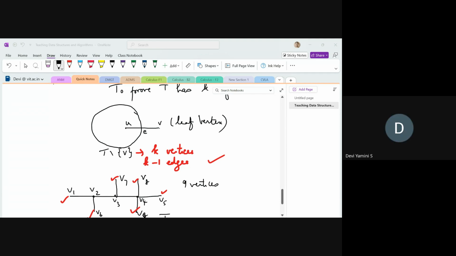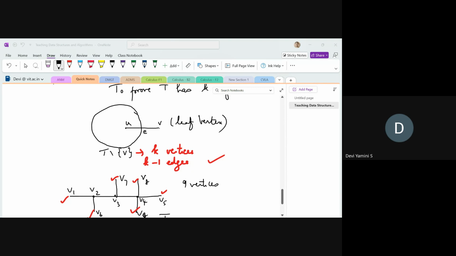Graph theory is just a part of it, which will be dealt with in future. When sir starts algorithms, he will give the idea. A graph contains a set of vertices and a set of edges. I was dealing with only the basics.